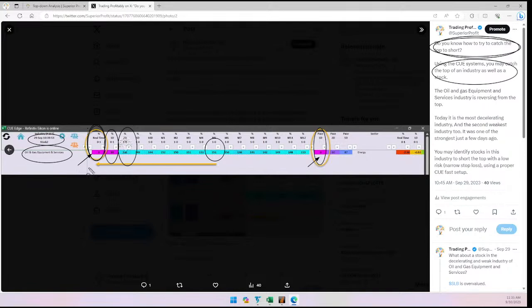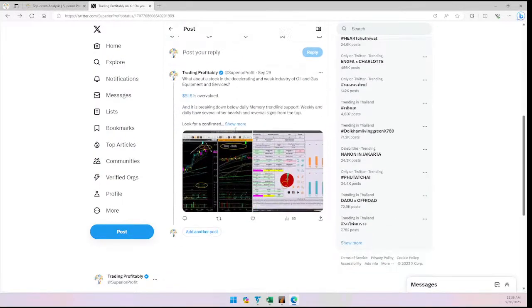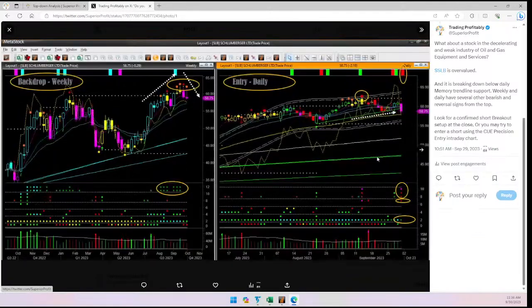So when I looked at this industry, to me and to any Q trader, obviously it was a time to look for short candidates in the industry. So I shared the industry snapshot and then I followed up with another tweet with this stock chart. This is SLB. In that industry, what did I see?